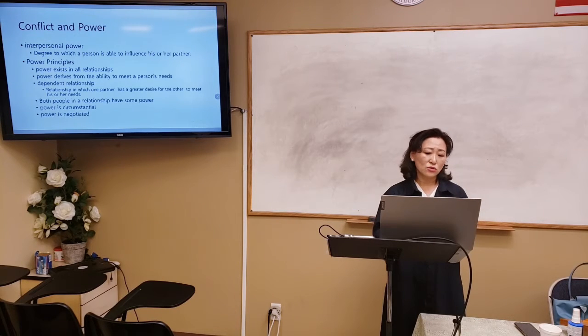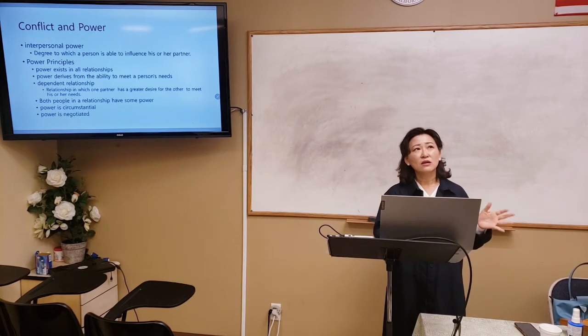Inclusion, control, affection, food, clothing, safety, sex, and money are needs. In a dependent relationship, one person has a greater need for the partner to satisfy his or her needs.